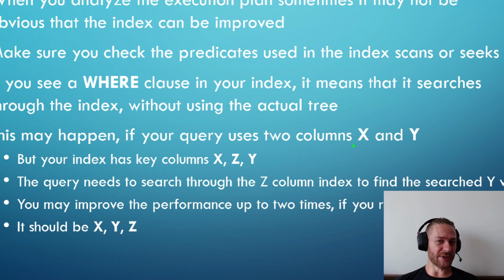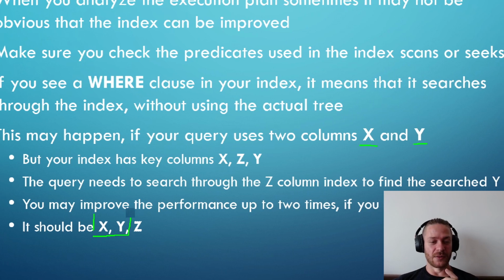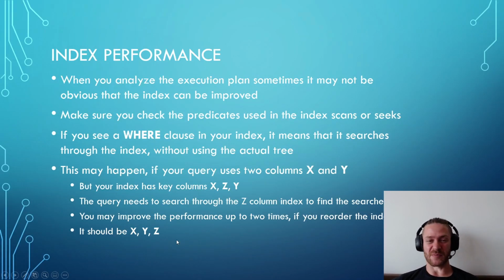Again, the order matters. If you first search for X and then for Y, then your index needs to be ordered the same way to have better performance, because the opposite will make the database scan through the whole Y table, and this reduces the index performance.